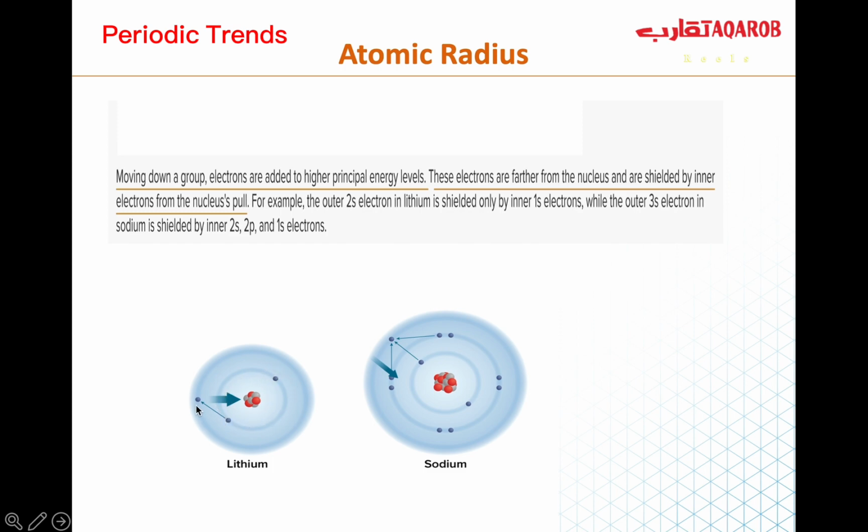But in sodium, the outer electron is shielded by 1s, 2s and 2p. That's why the outermost electron is not attracted as strongly to the nucleus, because of these shielding electrons.